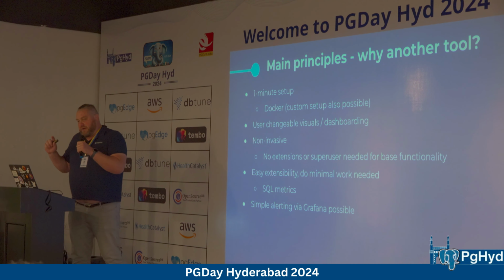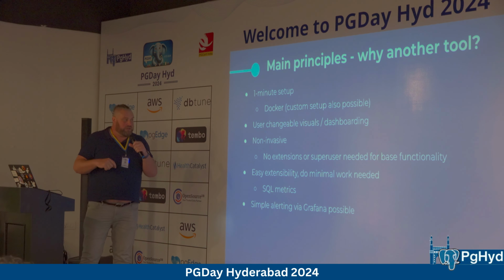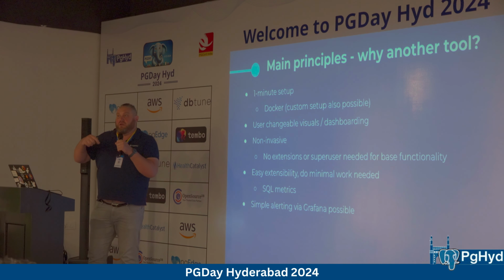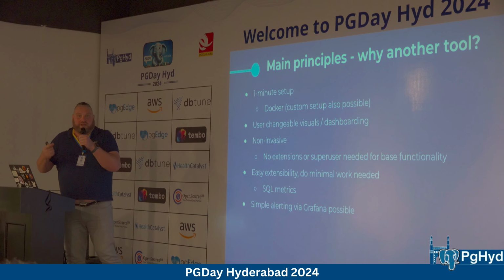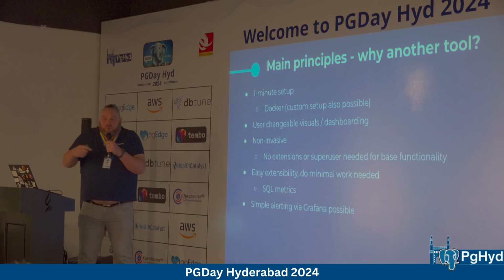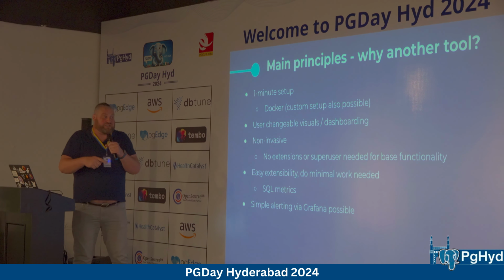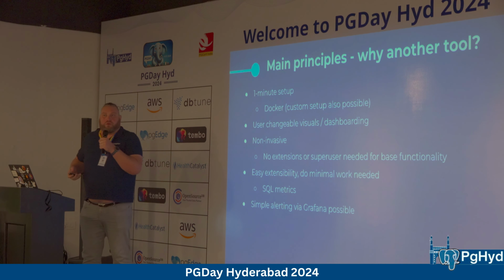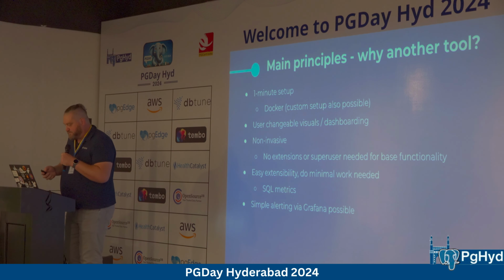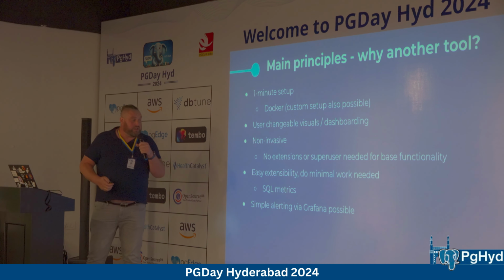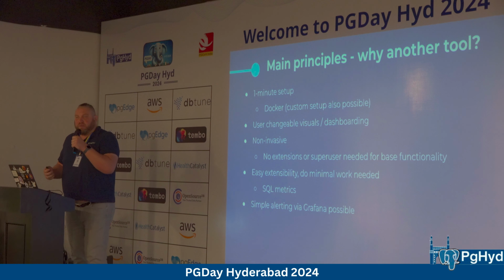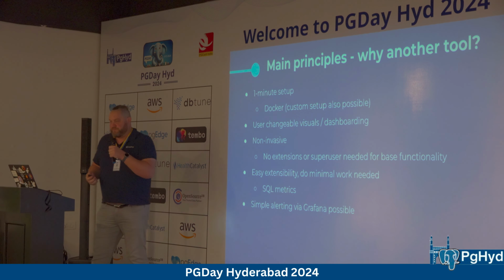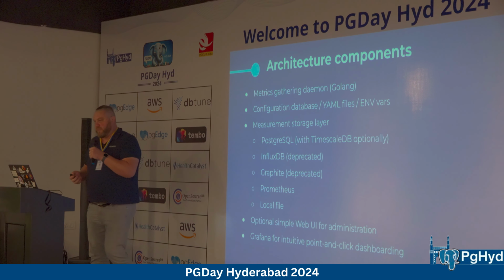It should be easily extensible, and it is, because every metric is just a regular SQL script. So if you want your own, you just change what we provide, or you write your own metric. It's simple SQL. And if you want alerting, you can implement it with the Grafana dashboard. They allow that. We don't do alerting.